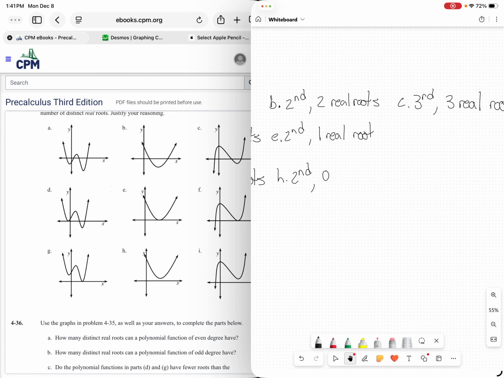Okay, moving to our 3rd column. F is a 3rd degree cubic. I is a 3rd degree cubic. Now, looking at our roots, F has 2 real roots. Now, one of them is a double root. Again, it bounces off the one to the right. And then I has 1 real root.